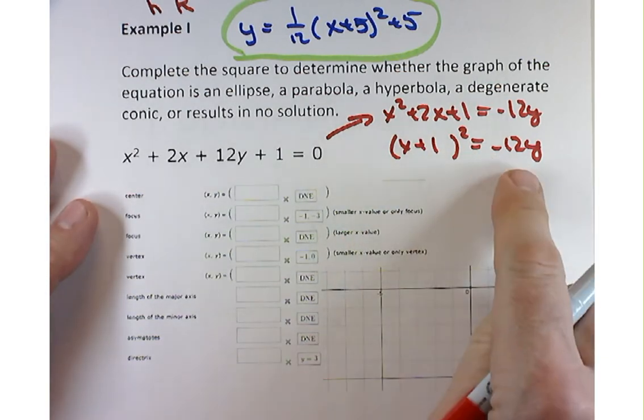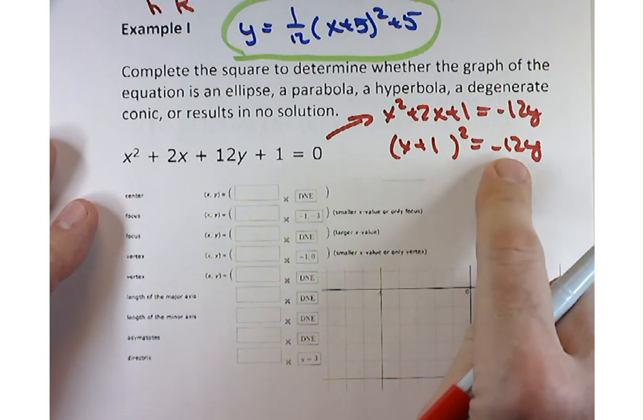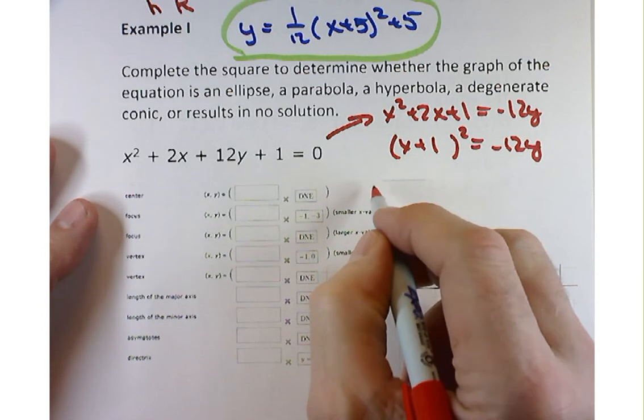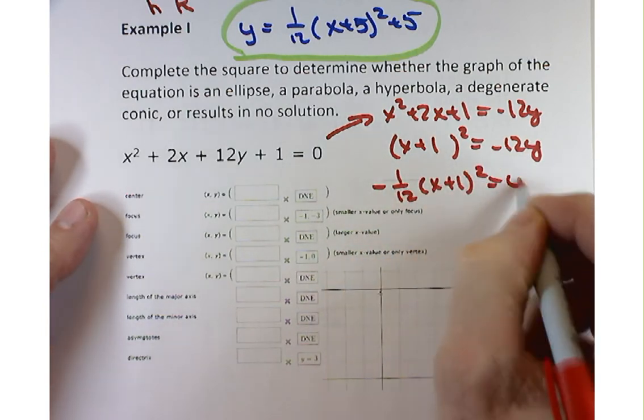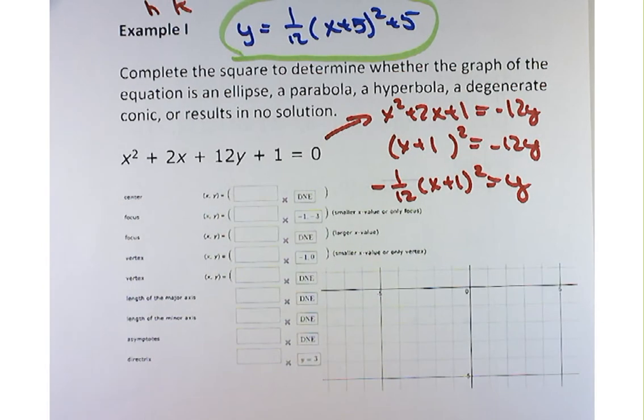And I guess the last thing I would do is divide both sides by negative 12, or multiply by the reciprocal, negative 1/12. And there you go. That's in our nice standard form. Now you can start determining things like the vertex.